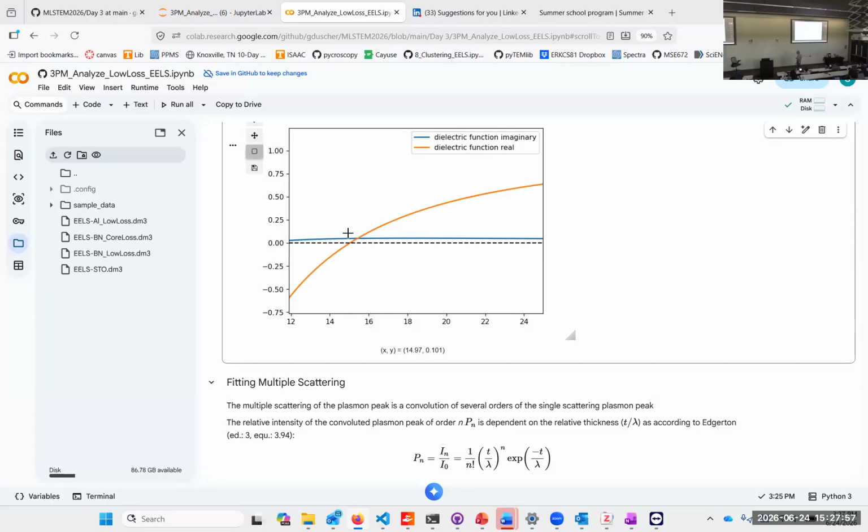A plasmon, if it is very high, like in the case of aluminum, if it swings very, very often, so it's not limited by Heisenberg's uncertainty rules, then it is very well defined in time, and then it cannot be in energy. So in our case, it rings relatively long, and so we get a very sharp peak.